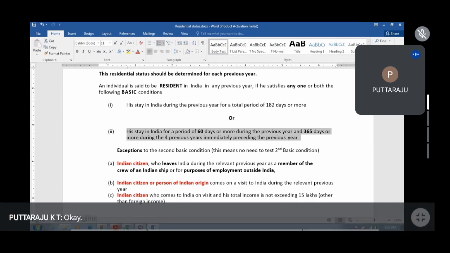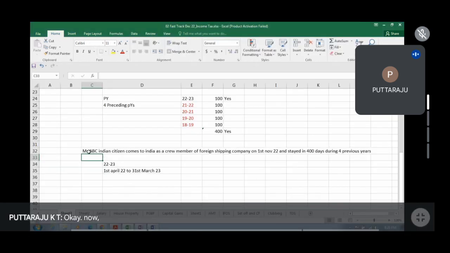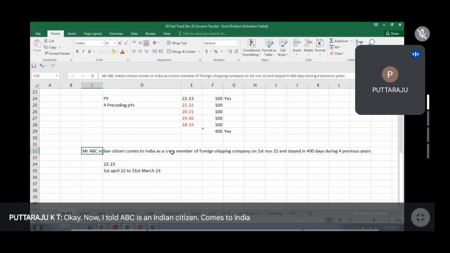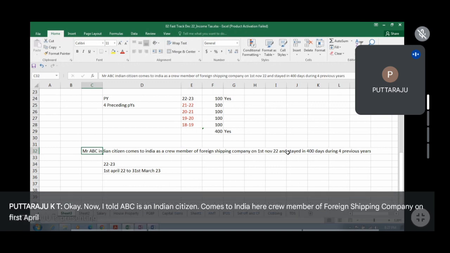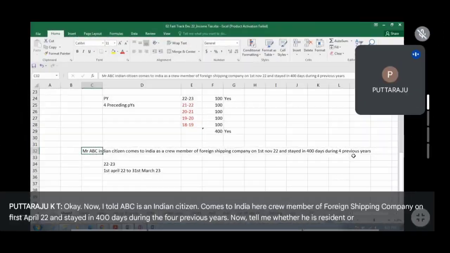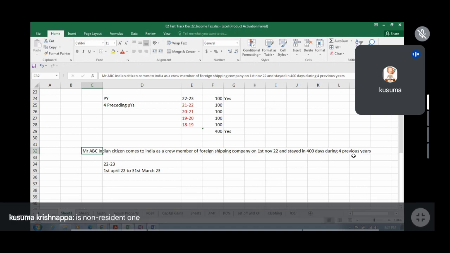Now, I told you ABC is an Indian citizen, comes to India as a crew member of a foreign shipping company on 1st April 22 and stayed 400 days during the 4 previous years. Now tell me whether he is resident or non-resident. Sir, he is non-resident, because he is a crew member of a foreign shipping company, not Indian.